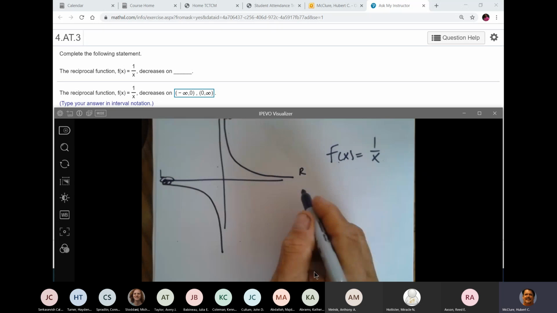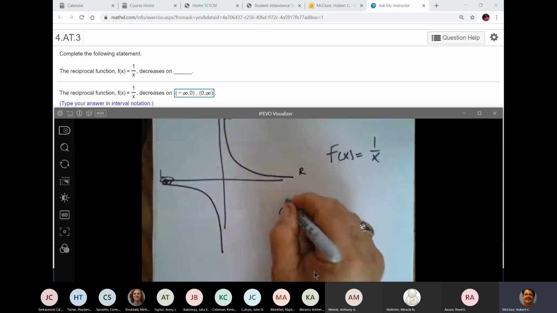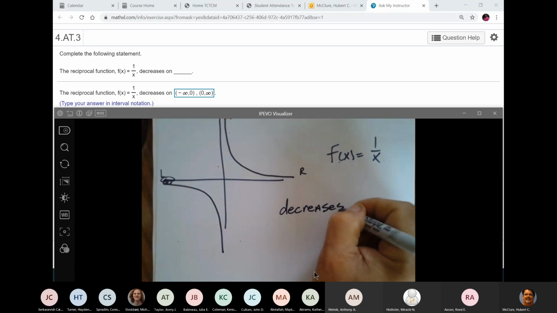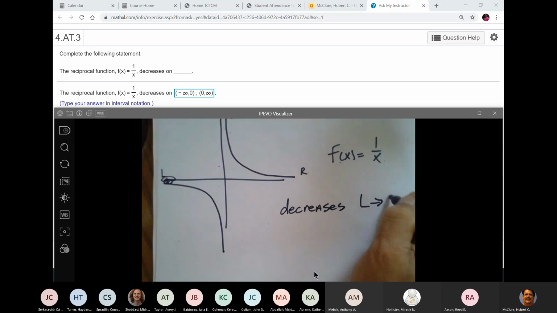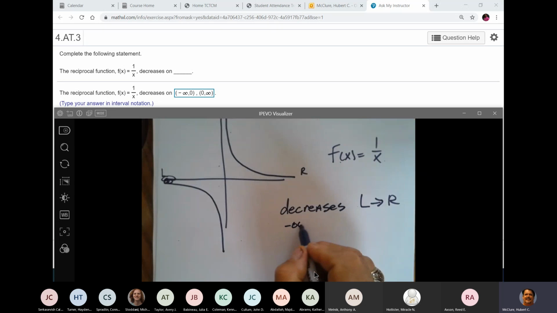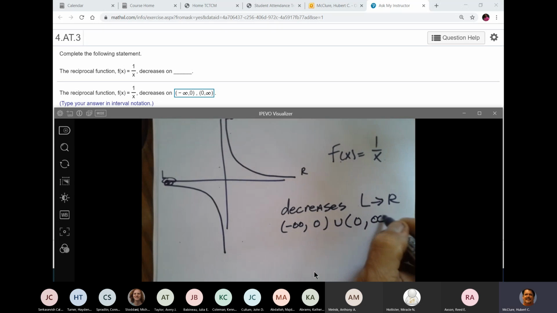It's decreasing. So this function decreases from left to right. So it's decreasing from negative infinity to 0. And it is decreasing from 0 to infinity.